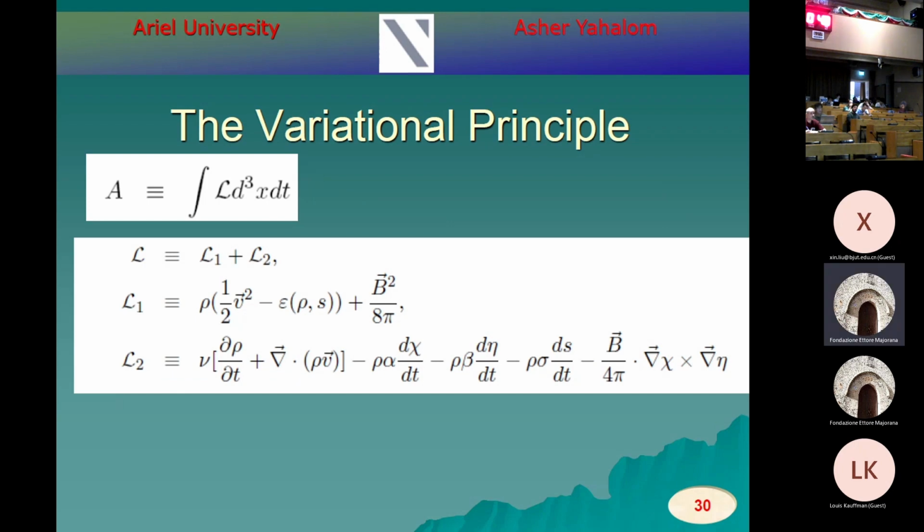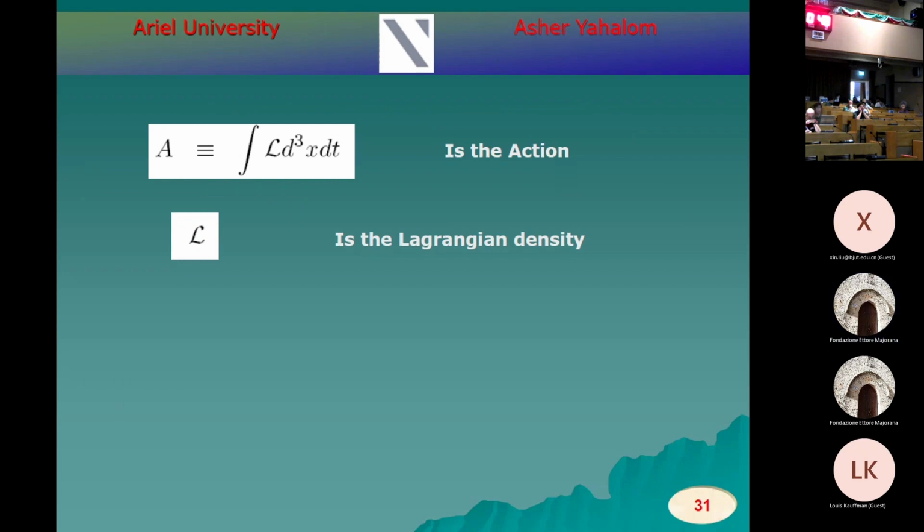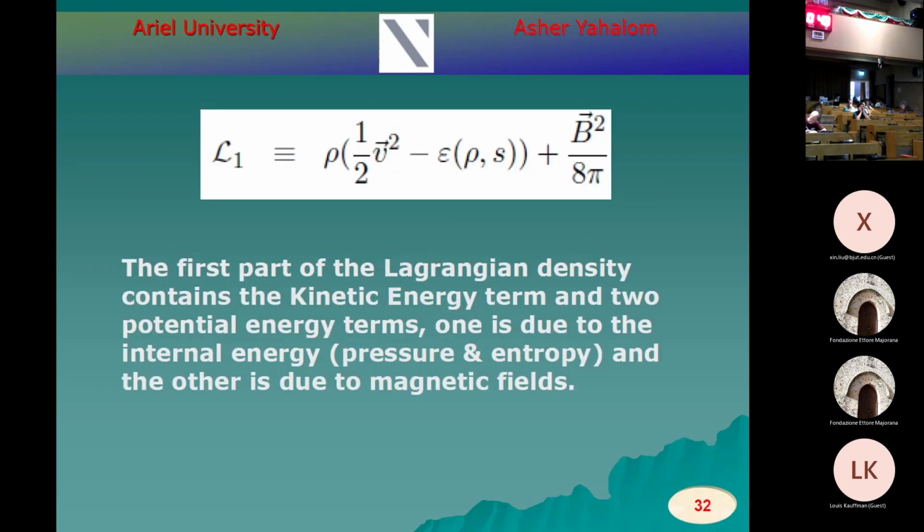So how can we use those ideas in a variational principle? So here is our action, and we have a Lagrangian density made out of two pieces. One is very standard: kinetic energy, internal energy, magnetic energy, and one is a bunch of Lagrange multipliers, which are enforcing many things. So this part is well known: kinetic energy and pressure and entropy.